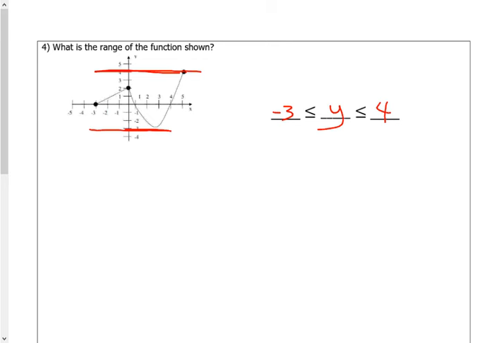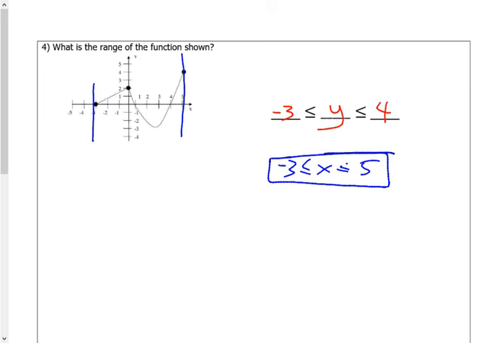But because it's a graph, we have to do that as an inequality. As a side note, we've also seen this exact question where I asked for the domain. Well, the domain goes from -3 to 5. This question asks for range, so we're done at range. Make sure you can do both.